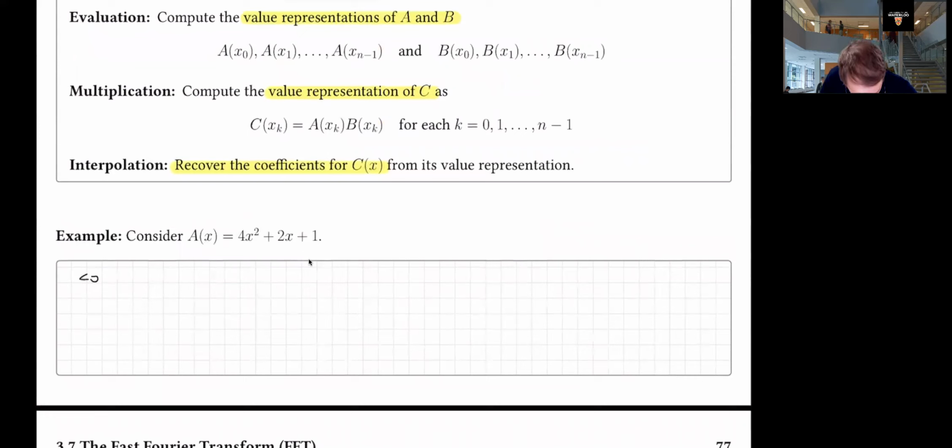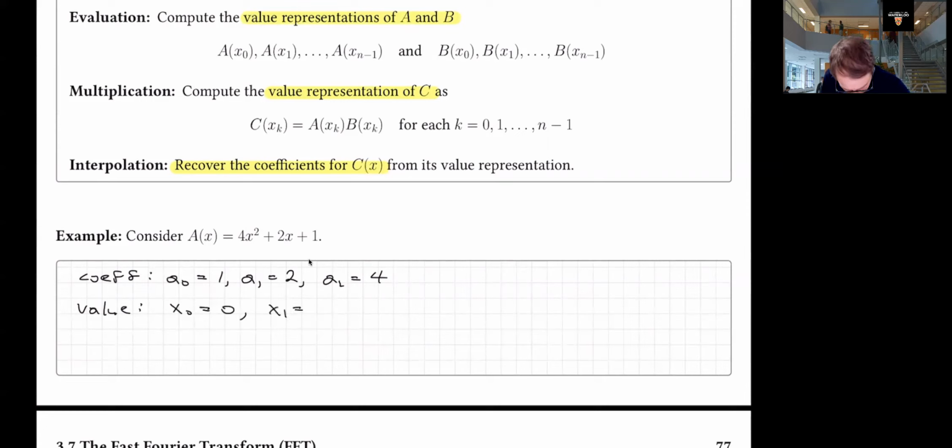Its coefficients are a0 equals 1, a1 equals 2, a2 equals 4. And let's come up with a value representation. I'm going to pick some arbitrary points. x0 is 0, x1 is 1, x2 is -1.